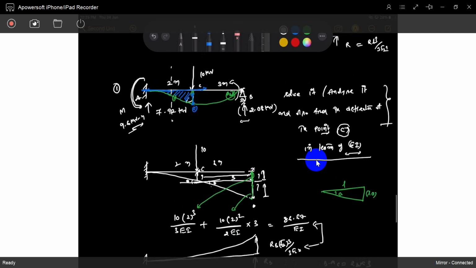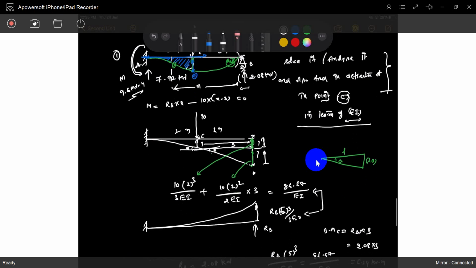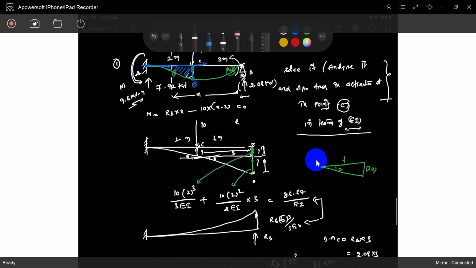The bending moment equation is RB into x, somewhere this is x. RB into x minus 10 into (x minus 3), because this 3, equal to 0. That's it.